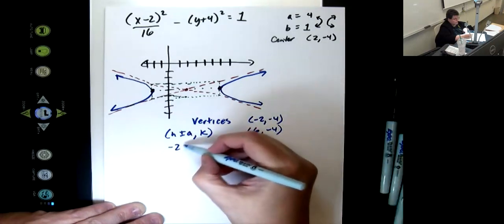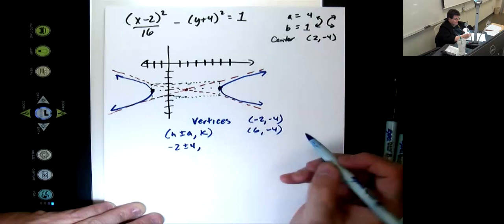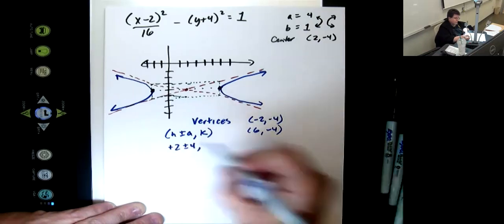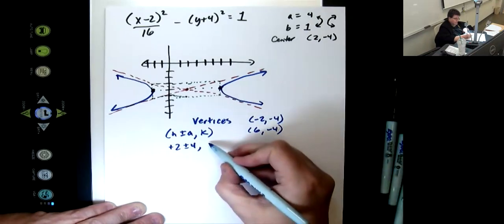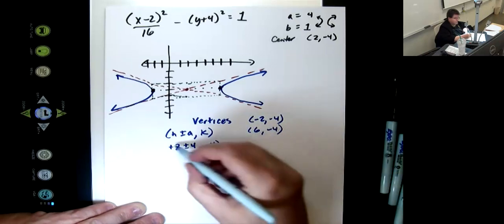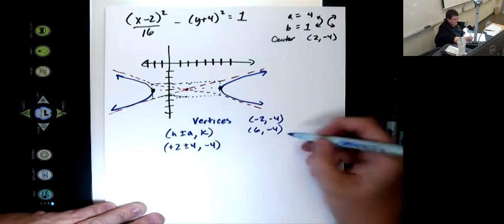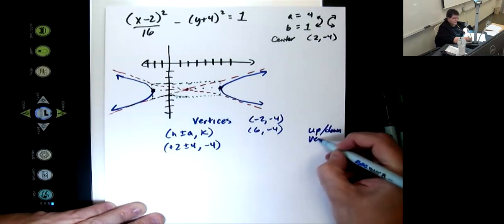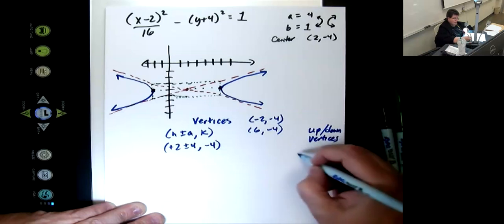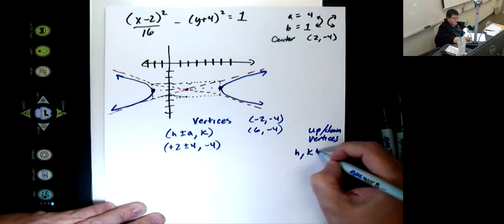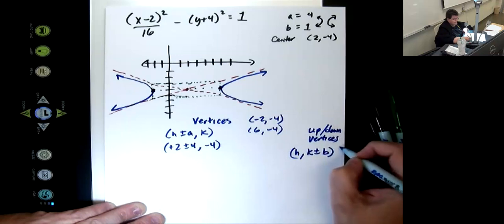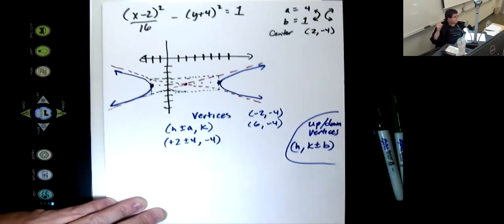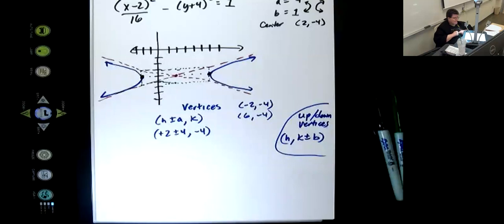So -2 plus or minus 4, comma k, which was -4. If it opens up and down, the vertices are at h, and then k plus or minus b. But that's a different problem. That's easier than trying to line it up.